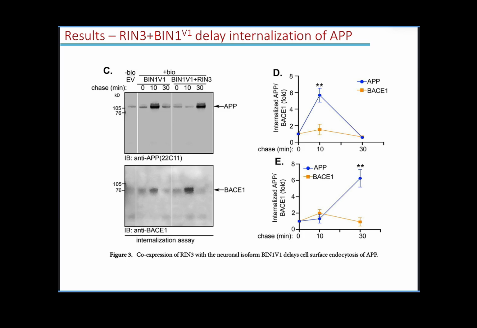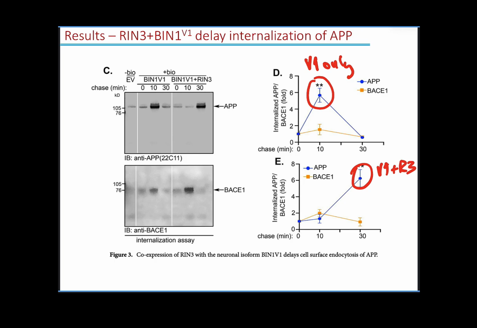And these graphs on the right are simply numerical representations of several repeats of these experiments. And what you see is that when the cells, it was not in the legend, but I'll add it here, when the cells express V1 only, the bulk of APP is internalized after 10 minutes. But when the cells have V1 plus Rin3, the bulk of APP is internalized after 30 minutes.